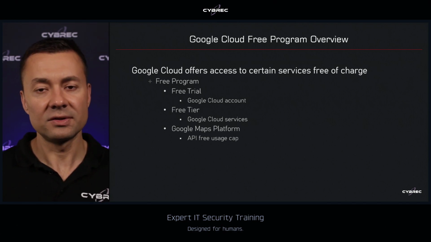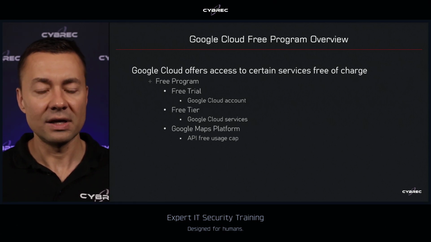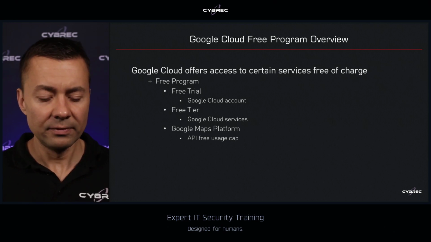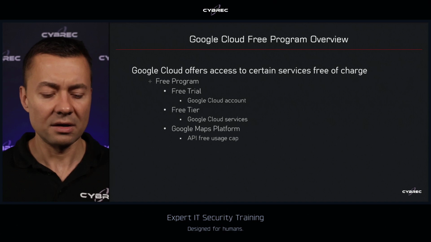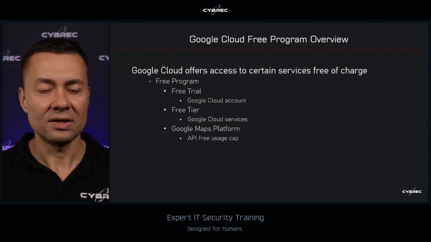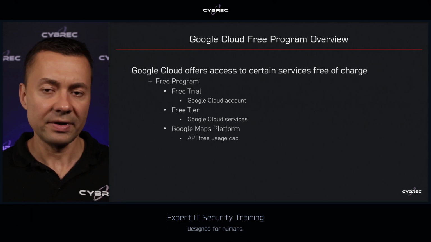Then free tier is a bunch of limited resources that applies to your active account on a periodic basis, typically every single month. And then Google Maps platform, which we will not really talk about, is all about getting access to the Google Maps API at a free level.